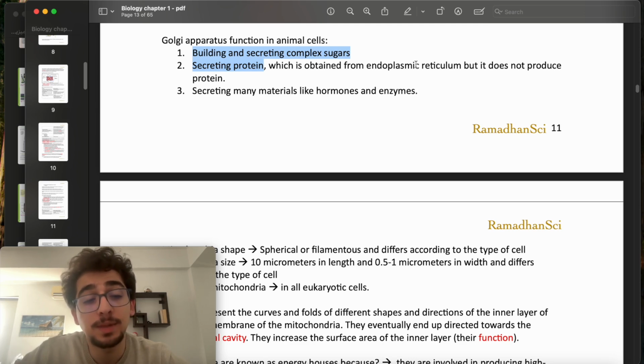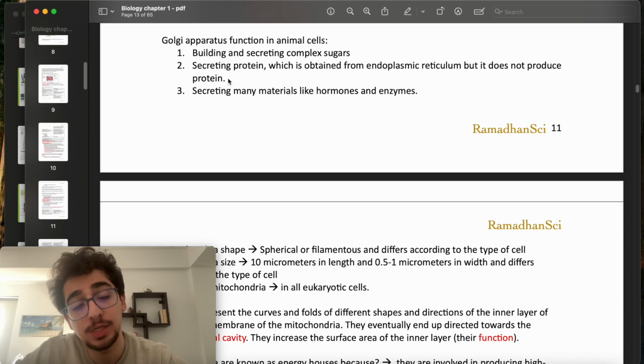We said that endoplasmic reticulum transports materials to the Golgi apparatus, and one of those is the proteins. So if they ask you why Golgi apparatus only secretes but does not build proteins, it's because it lacks ribosomes, so it does not have ribosomes to build proteins, and it only secretes them because it obtains them from the endoplasmic reticulum, which is able to build proteins due to the presence of ribosomes.